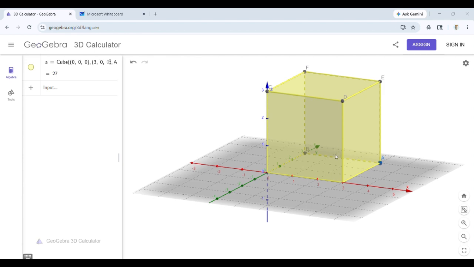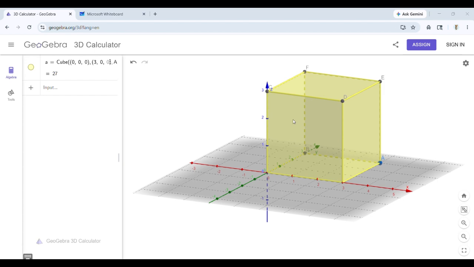But because we are dealing with 3D space and volume, GeoGebra gives us this blue vertical line. This blue line represents the z-axis, which is our height.